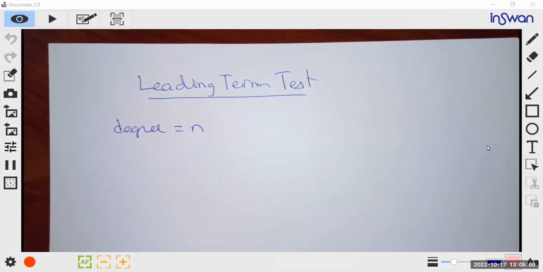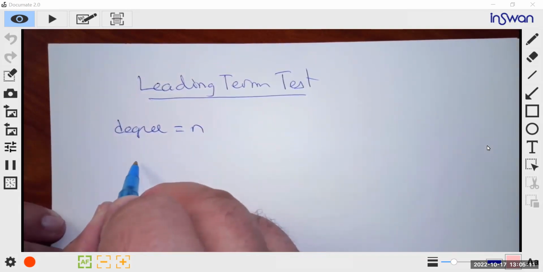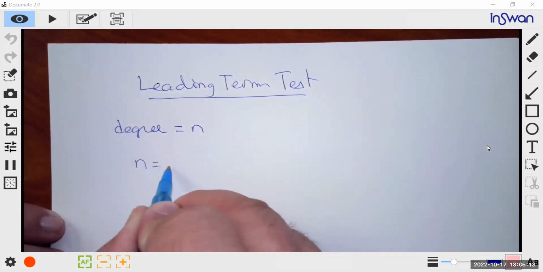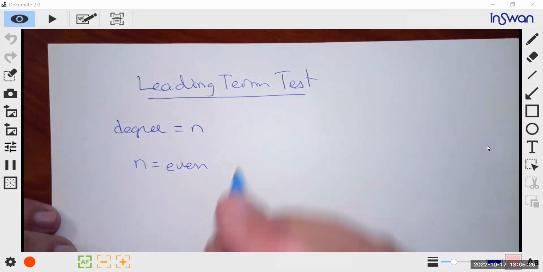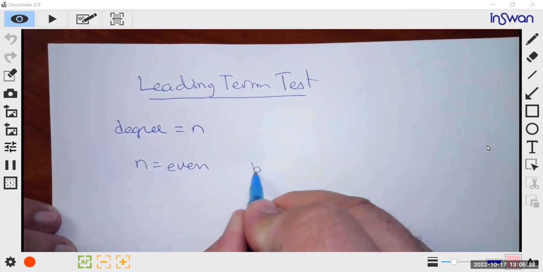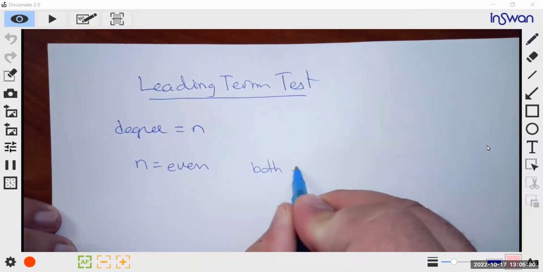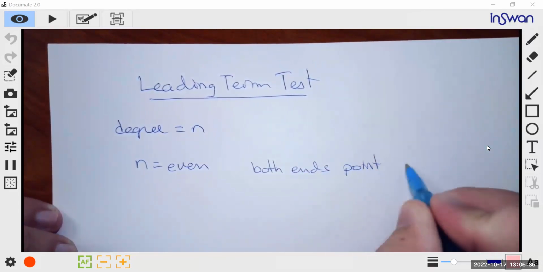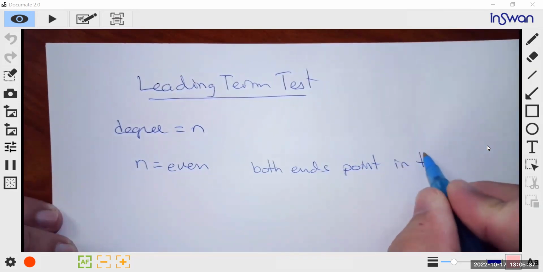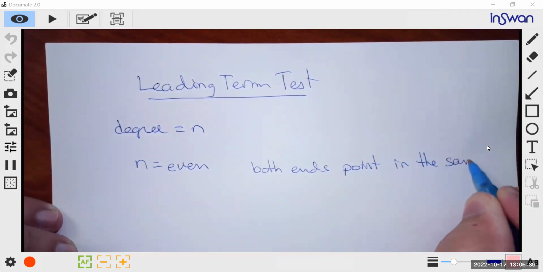So if the degree is even, what do we know about it? If the degree of the polynomial is even, both ends point in the same direction.